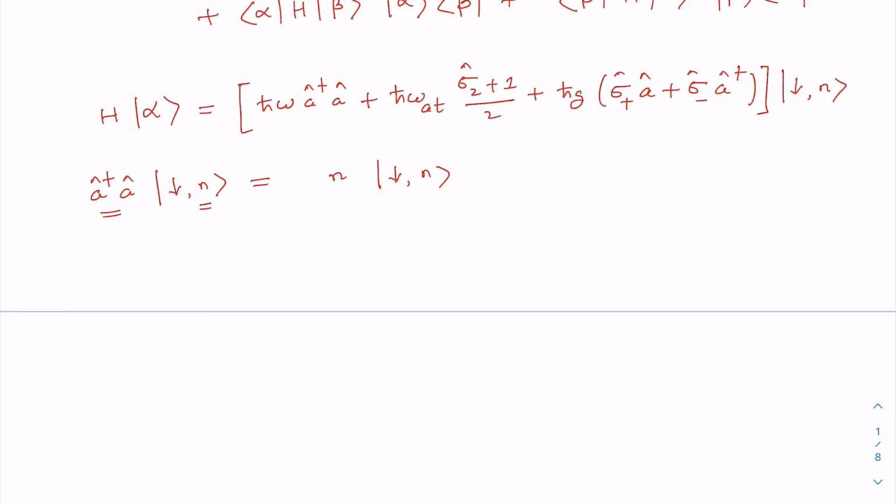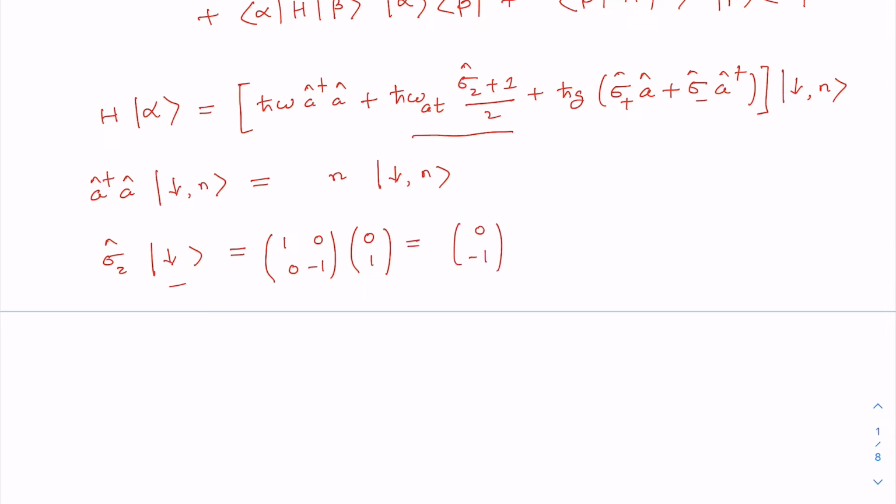Now the second term. To work out this term, first let me see what these operators do. Sigma z, when it operates on the atom in the ground state, which we can represent as the column vector (0, 1), and sigma z is the matrix with rows (1, 0) and (0, -1). If you multiply these two matrices, you will get (0, -1), which you can write as minus (0, 1).